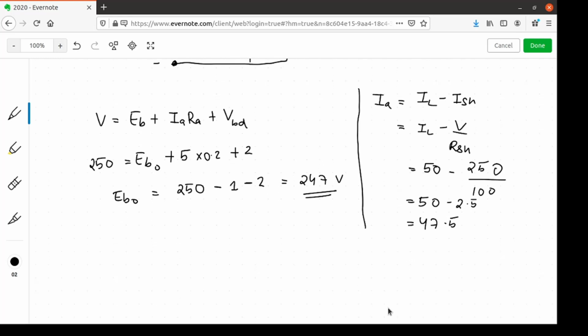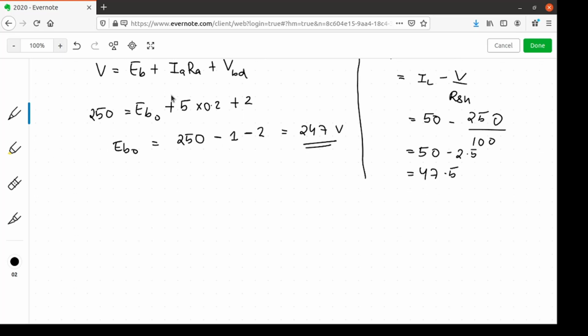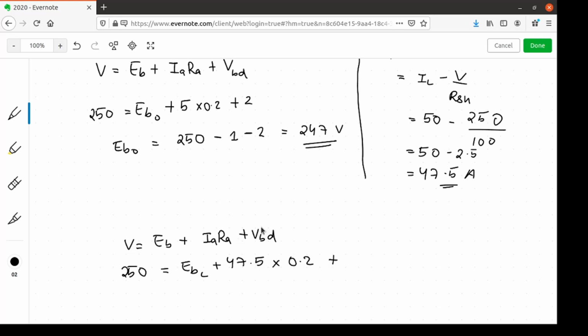Now let us find the back EMF. We can use the same equation; the only change will be the armature current. V equals EB plus IARA plus VBD. So V is 250 equals EBL plus IA is 47.5 amps times RA is 0.2, and VBD remains the same, which is 2 volts.